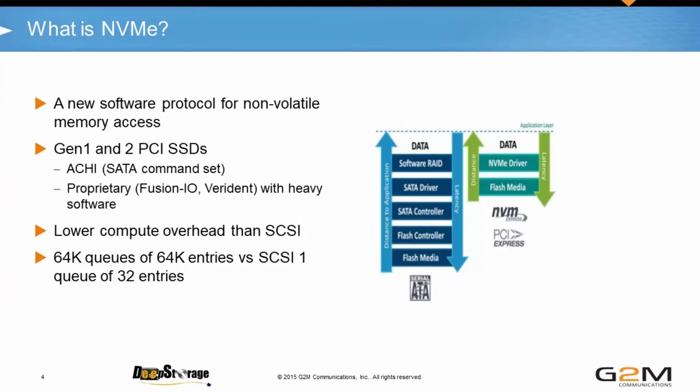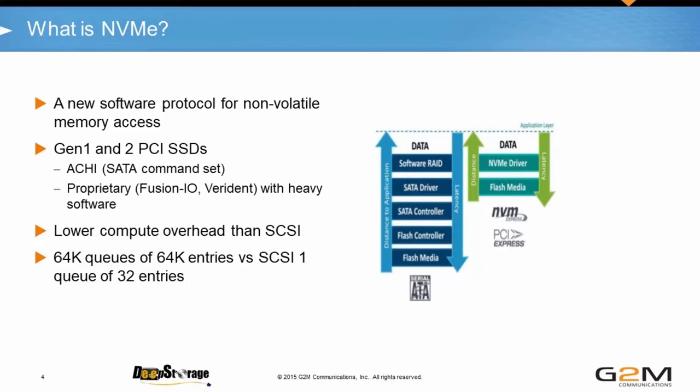Because NVMe is specifically designed to talk to flash or other non-volatile memory, and not to the universal set of peripherals that SCSI was originally designed for, it's a much cleaner software interface. There are far fewer CPU cycles involved in getting a block of data into and out of an NVMe SSD than a SAS or SATA SSD.